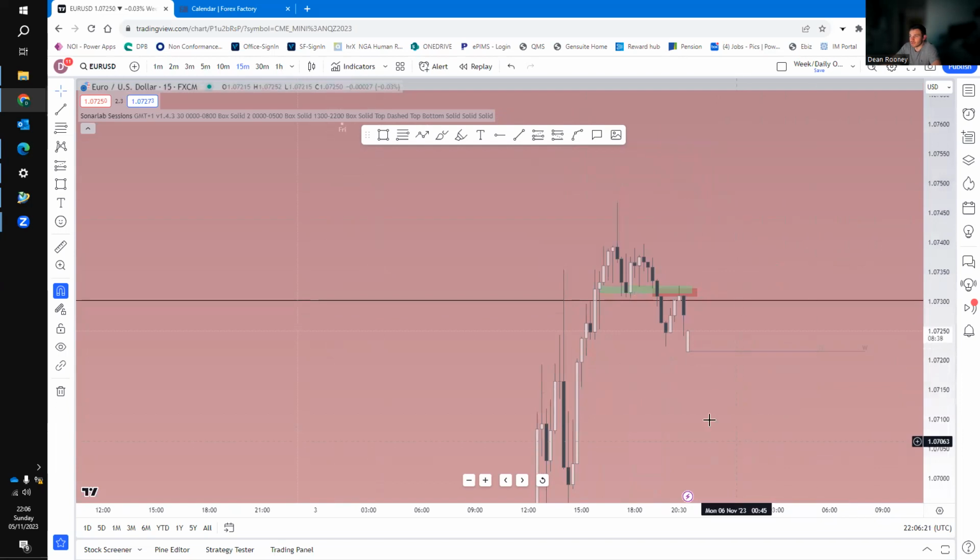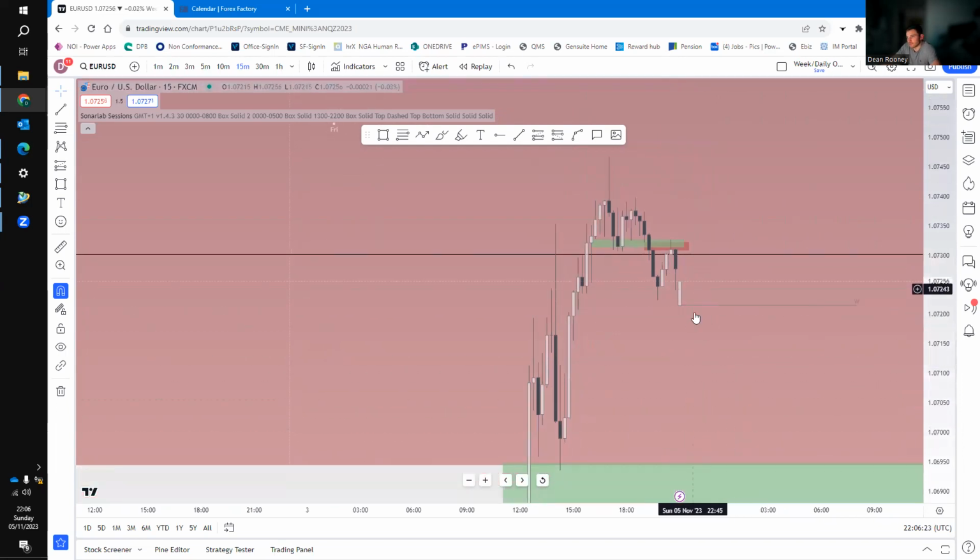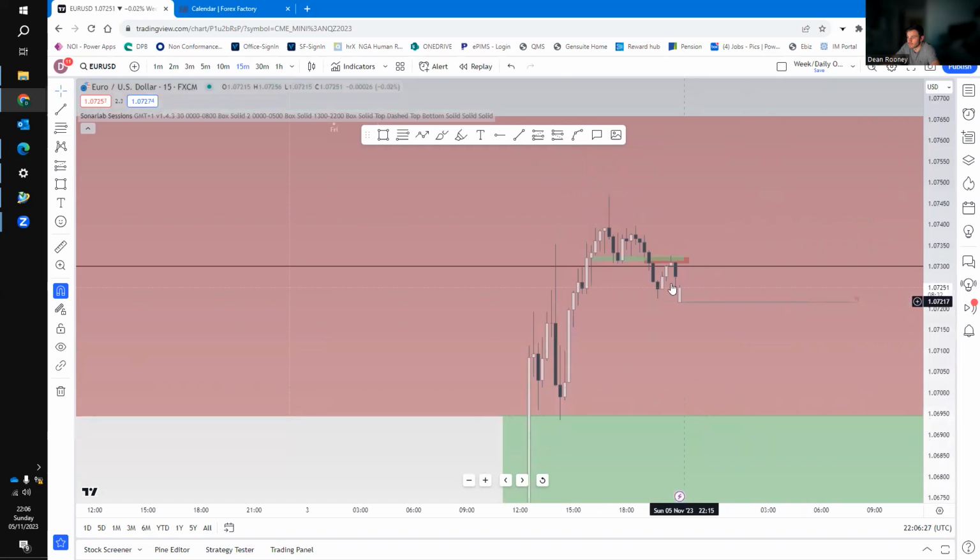So that's my outlook. I'm expecting to see us probably come lower. Although I would like to see, as I said, us come up, run these highs, this high here, fill a bit more of that fair value gap, maybe close back in below that 50% for the week.